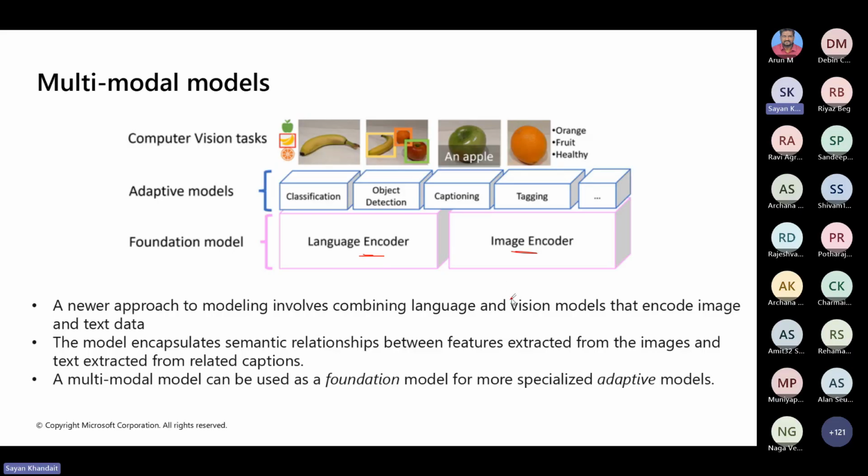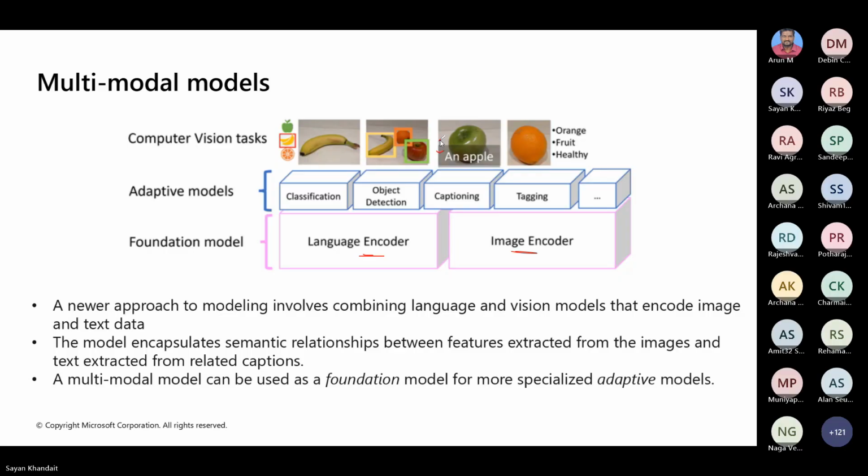Modern-day computer vision models are trained with large volumes of images from the internet. These images do not have labels associated with them in numerical format. They simply have text-based captions or text-based labels associated with them.